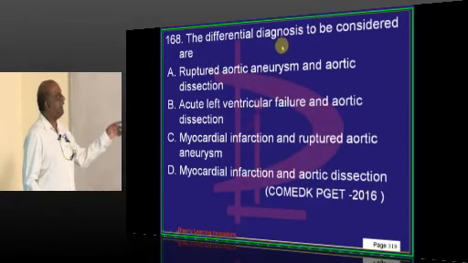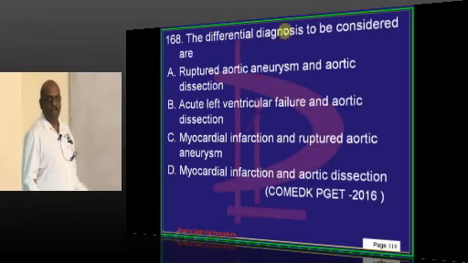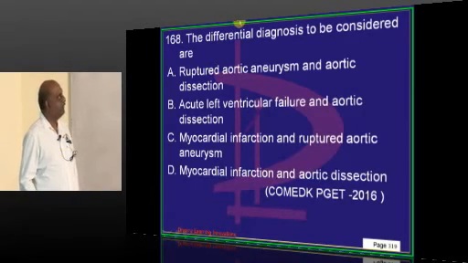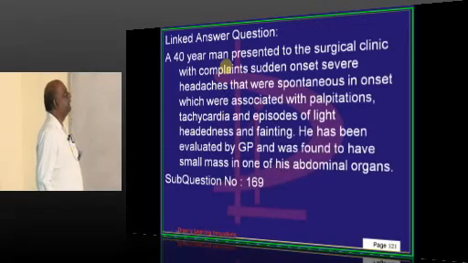Actually, they both are the same diagnosis, aortic dissection and ruptured aortic aneurysm. What is differential about them? Aortic dissection and ruptured aortic aneurysm, which is dissecting as the pressure is increasing, are more or less the same. Not a very good question. Option A can equally be good and bad.